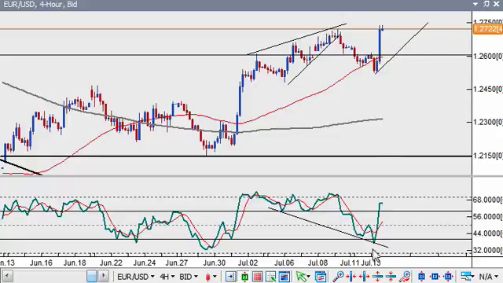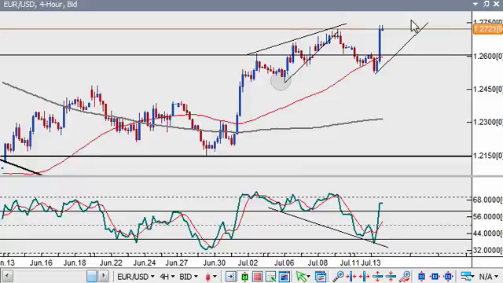Now we saw this low here is higher than this low, while the RSI low here is lower. So this is a positive reversal and suggests this swing towards 1.2750.